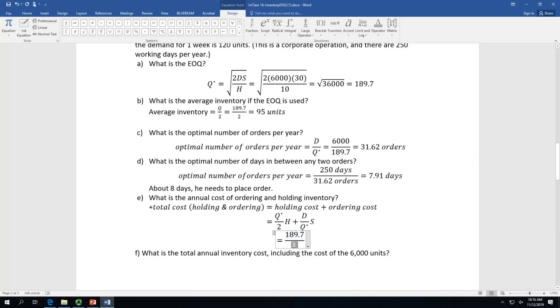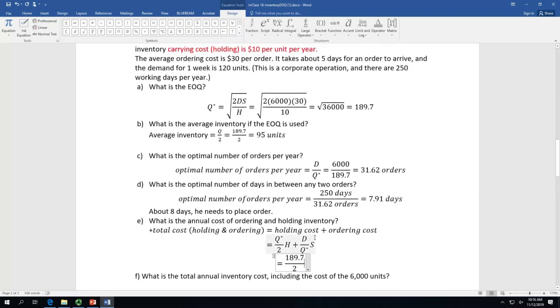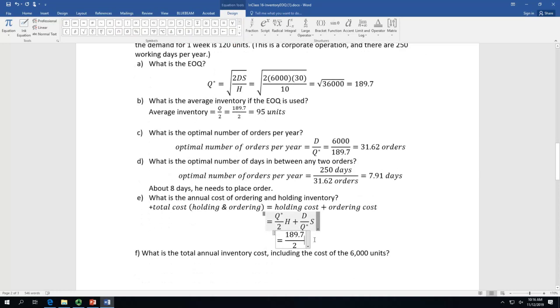This number is about 95 pieces, times H. H is the holding cost, times 10.